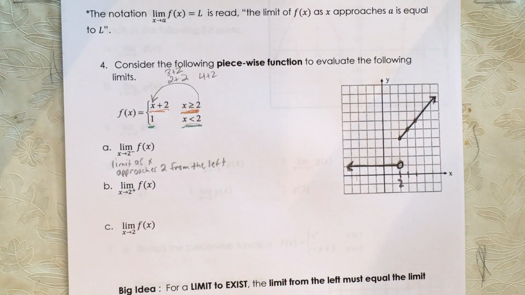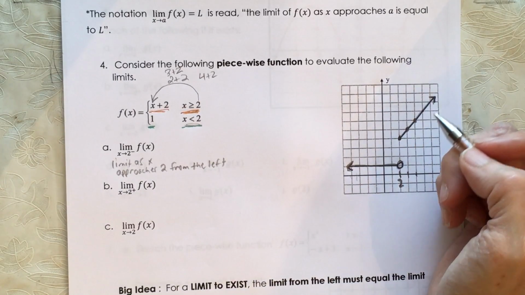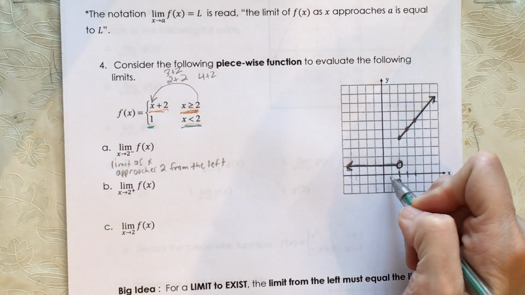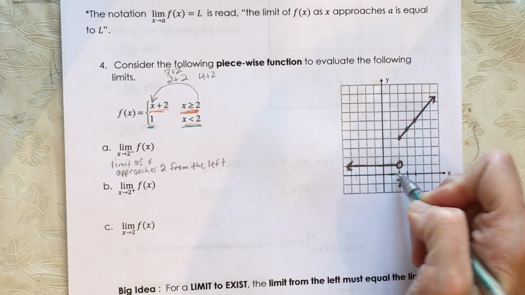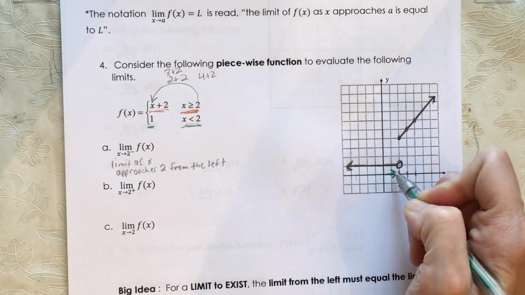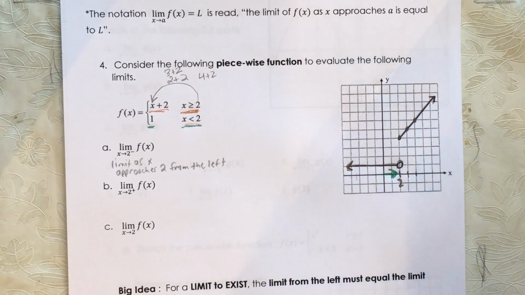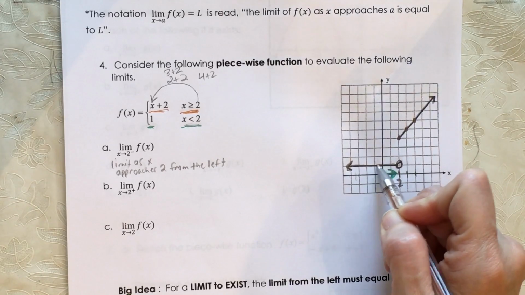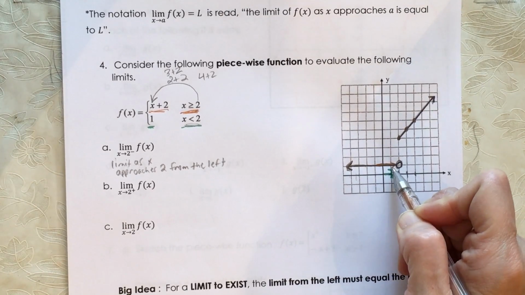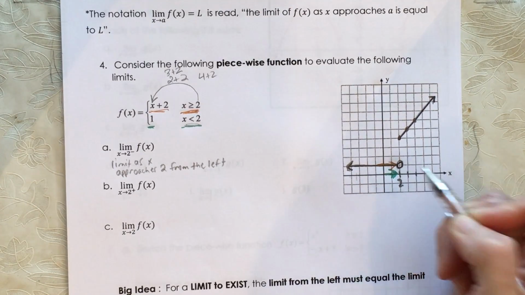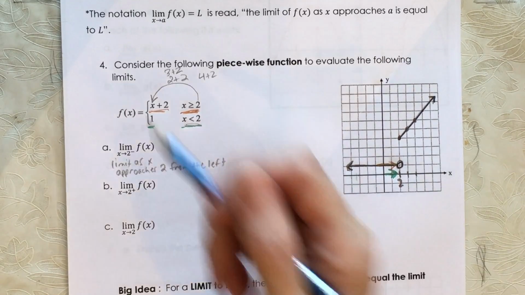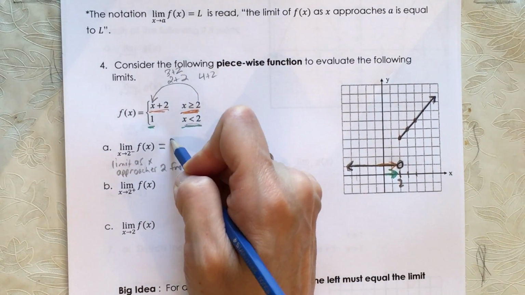So let's think about x approaching 2 from the left. So as I approach 2 from the left along the x-axis, what's my curve actually doing? So my curve, as x is approaching 2 from the left, I'm on this branch, I'm approaching the value 1. So I would say the limit as x approaches 2 from the left of that function is equal to 1.